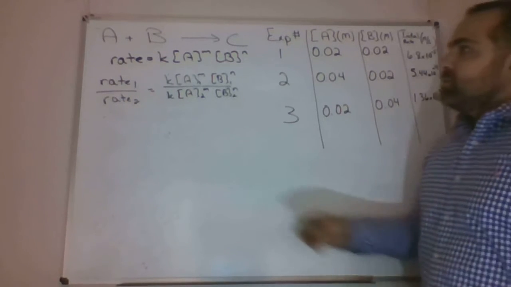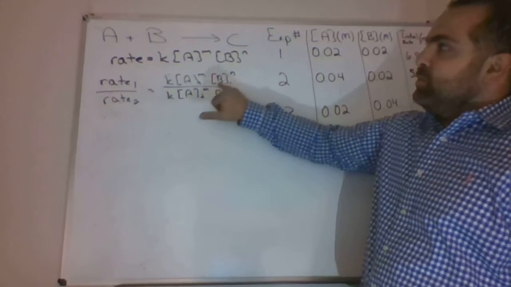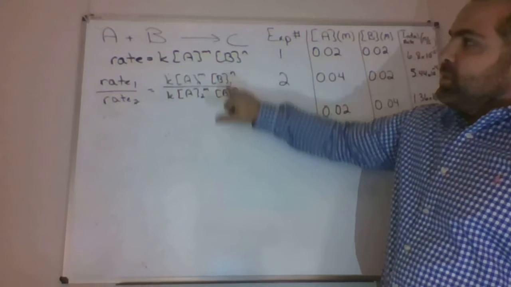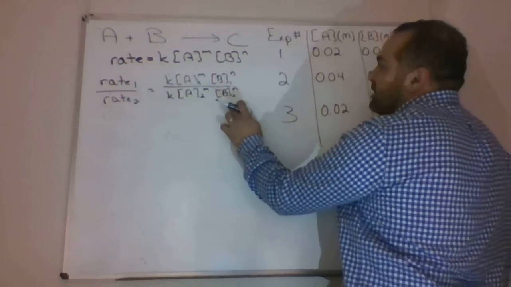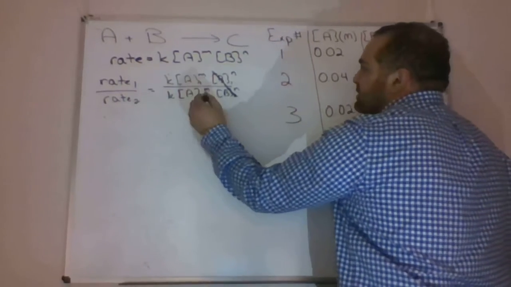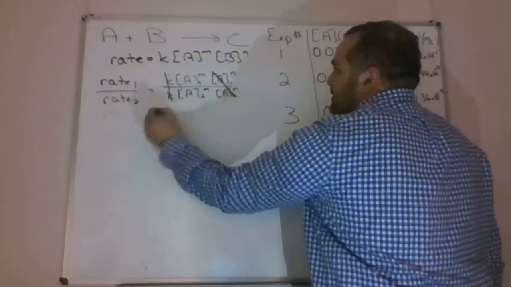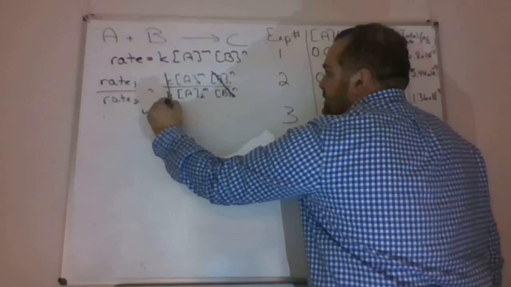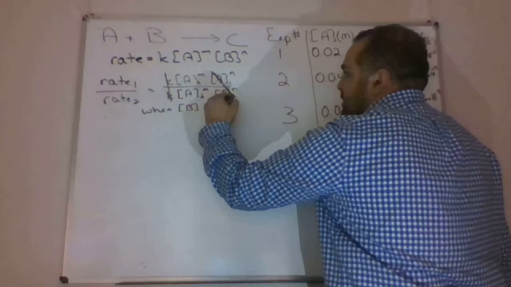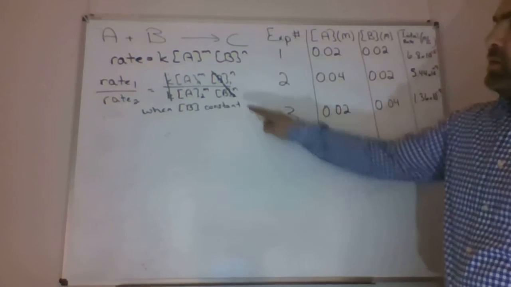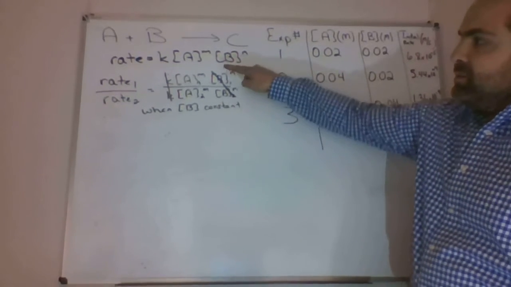To determine the order of reaction m, we're going to pick two experiments where B is constant and A changes. When the concentration of B is constant, the k cancels out, and the B terms cancel out.